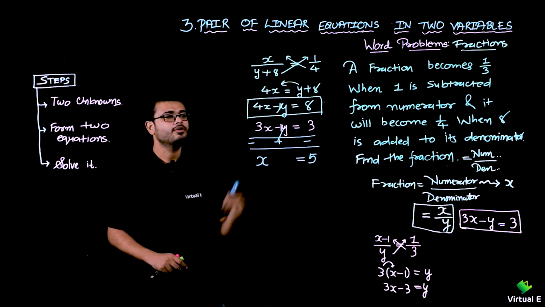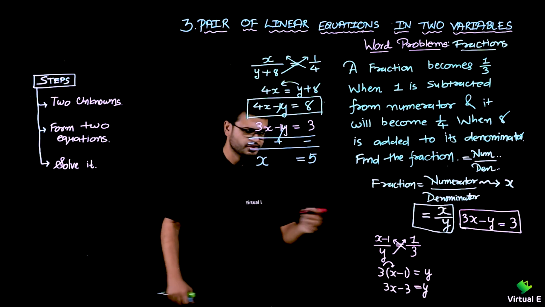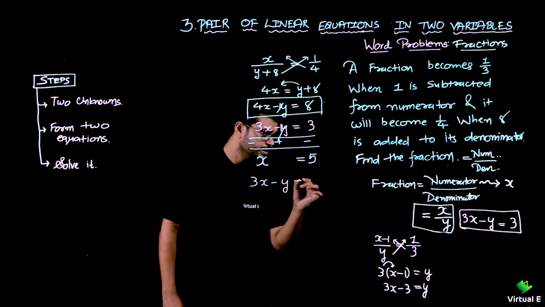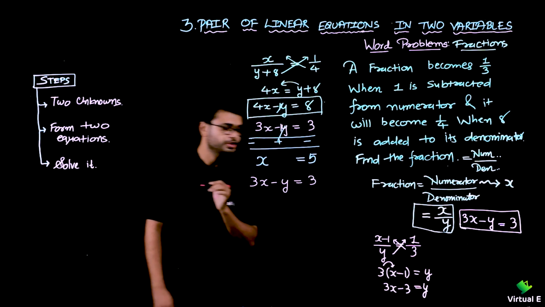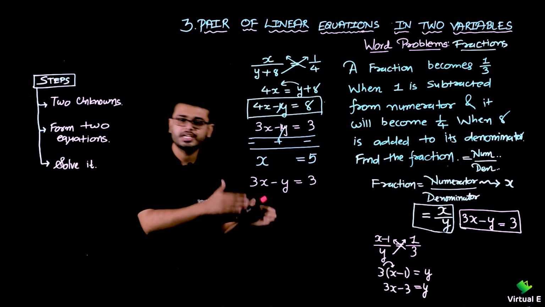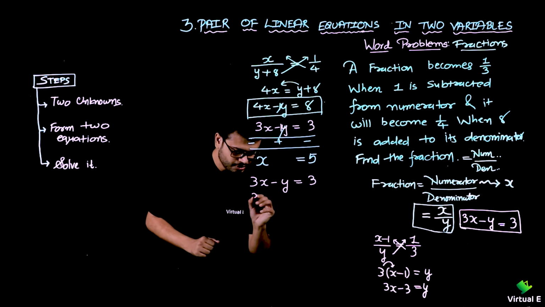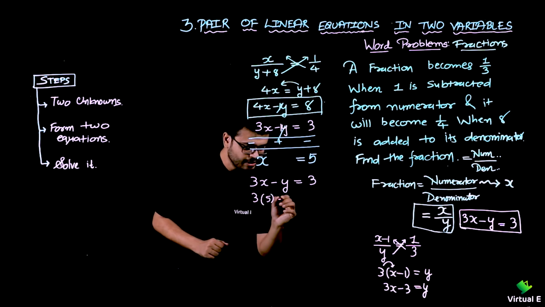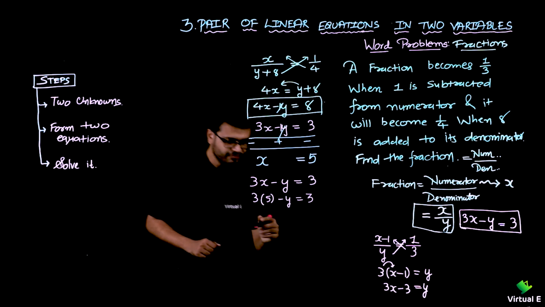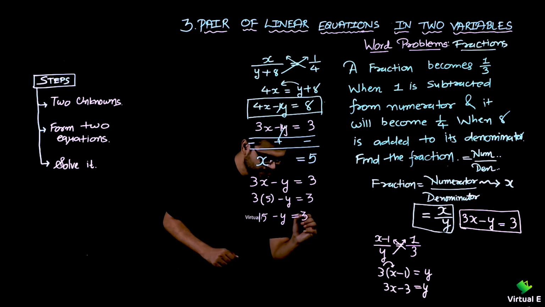Now let's get the value of y. You can substitute in either of the equations. Let me substitute in the first one. So 3x minus y is equal to 3 is the equation. Now I'm going to substitute the value of x into this equation and I will get the value of y. So 3 into 5 minus y is equal to 3, right? 3 5s are 15, minus y is equal to 3.